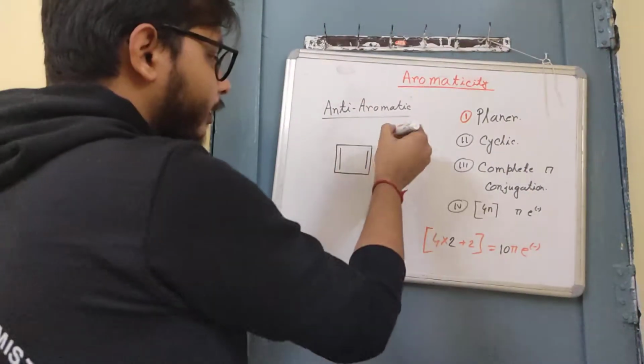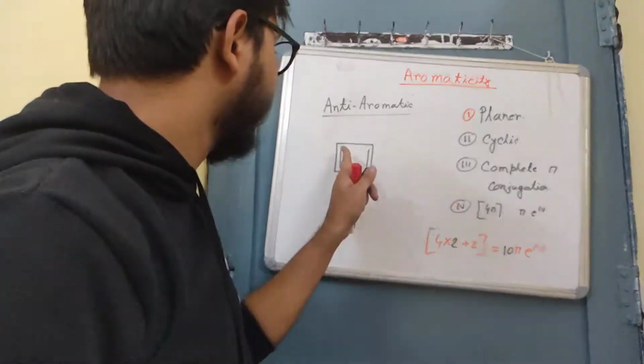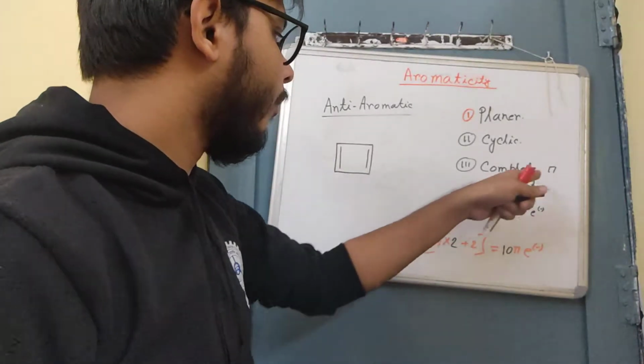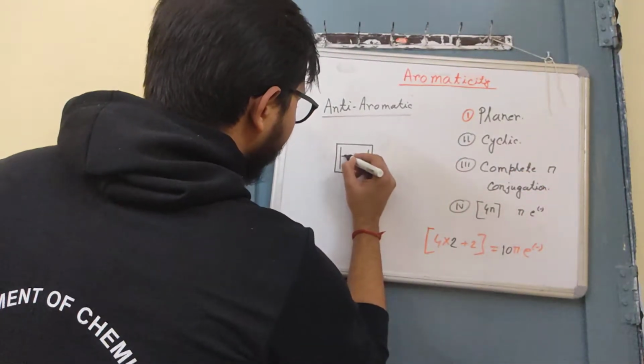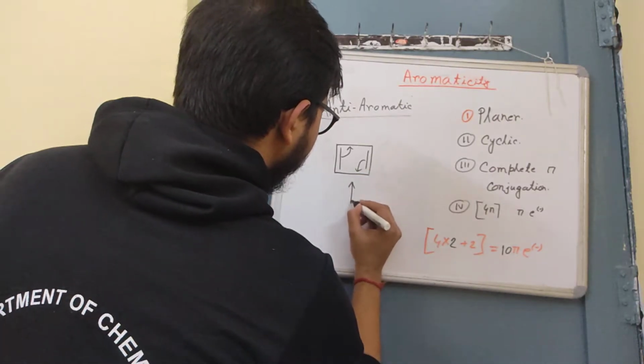This molecule is planar because all of the atoms are sp2 hybridized. This is undoubtedly a cyclic molecule. Complete pi conjugation: this pi bond can go here, this pi bond can go here.